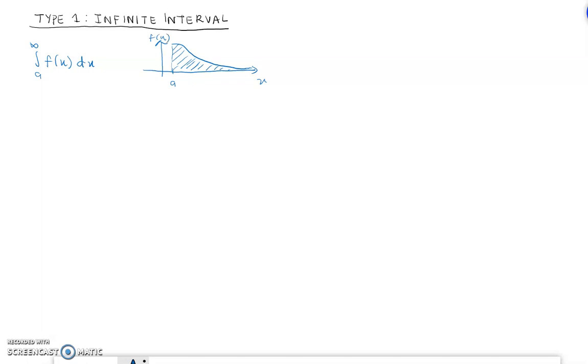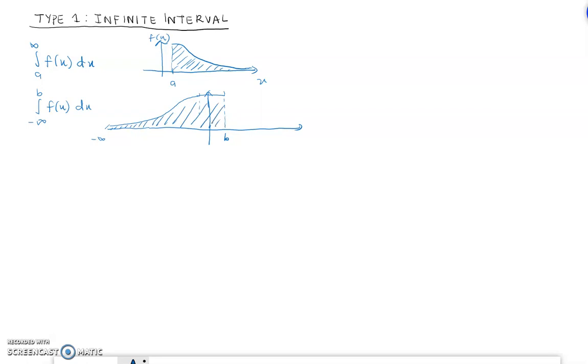The second one is from negative infinity to b. The graph should be something like this, from negative infinity, a very big negative number, up until b.